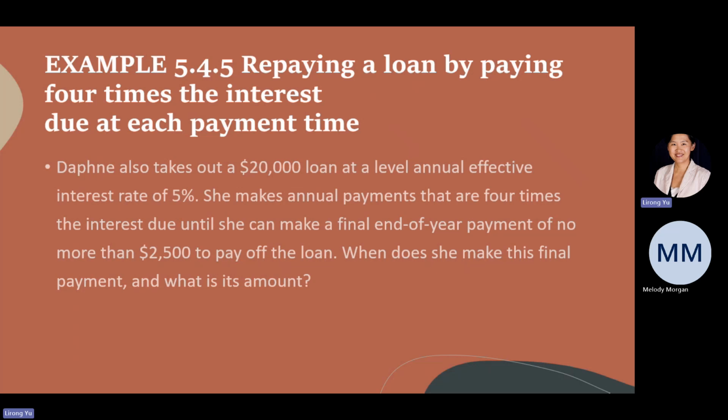She makes annual payments that are 4 times the interest due until she can make a final end-of-year payment of no more than 2,500 to pay off the loan. When does she make this final payment and what is the amount? Annual payments that are 4 times the interest due.